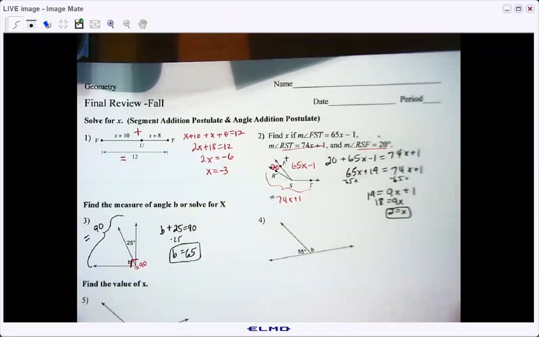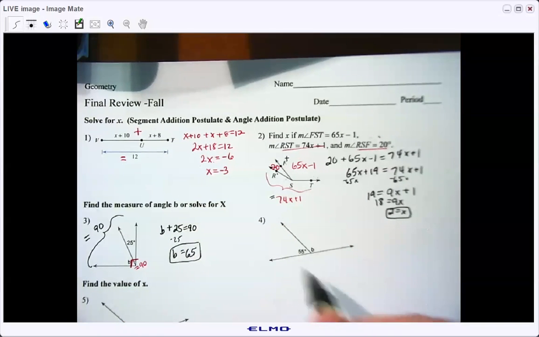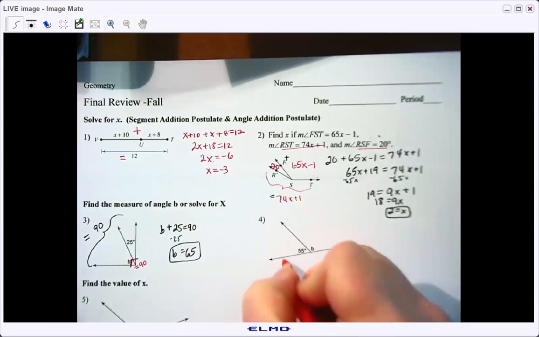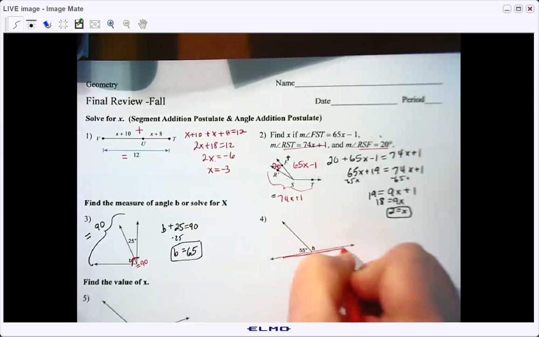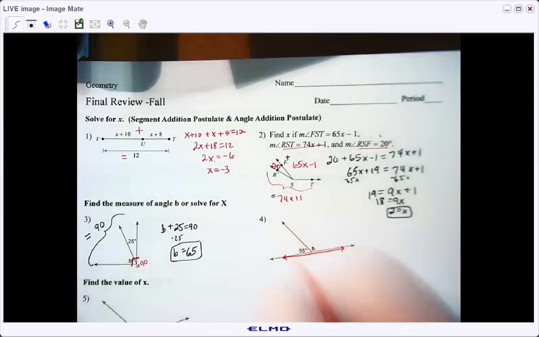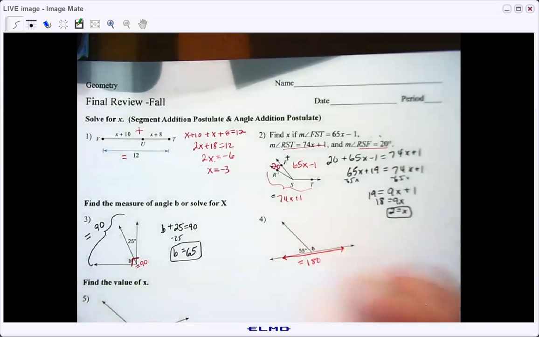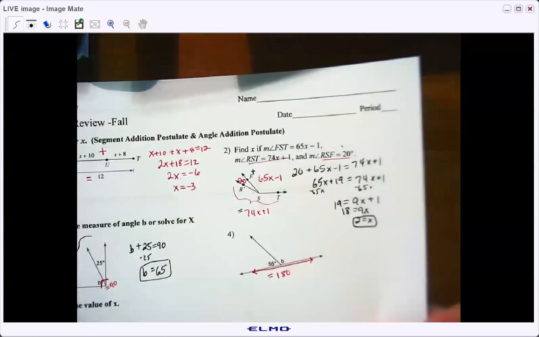Perfect. And so this one's a little different because it doesn't have a box, but it does make a straight line. What does a straight line have to equal? 180 degrees. Good. So this has to equal 180 degrees. So very similar to the last one.